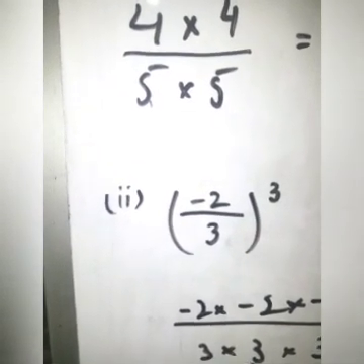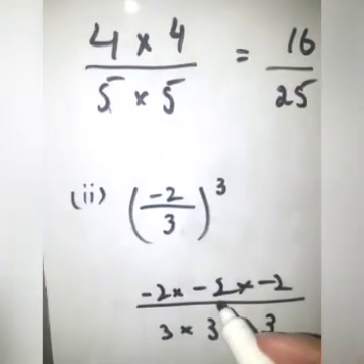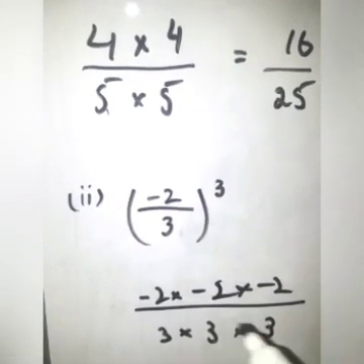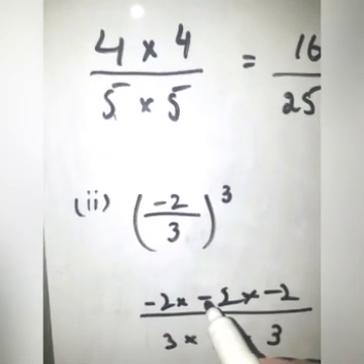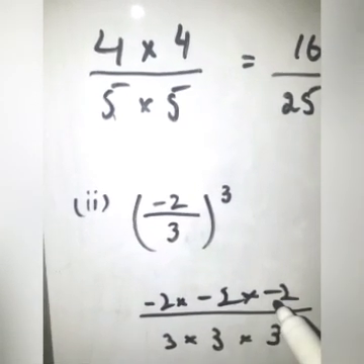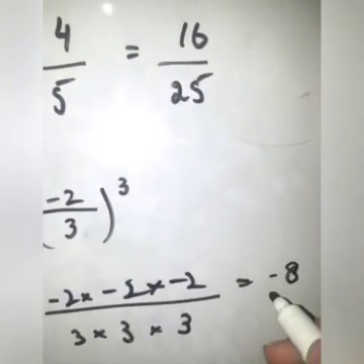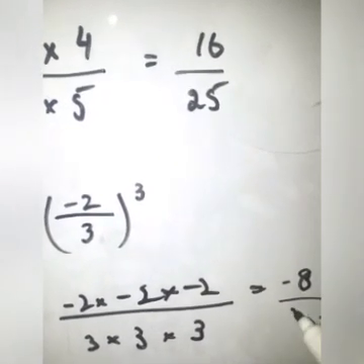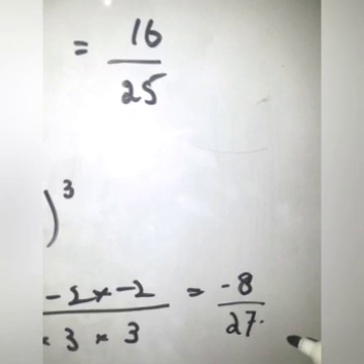It means this value will be multiplied 3 times. 2 times 2 is 4, 4 times 2 is 8. Minus times minus is plus, and then plus times minus is minus. So the answer will be minus 8 over 3 3s are 9, 9 3s are 27. The answer is minus 8 over 27.